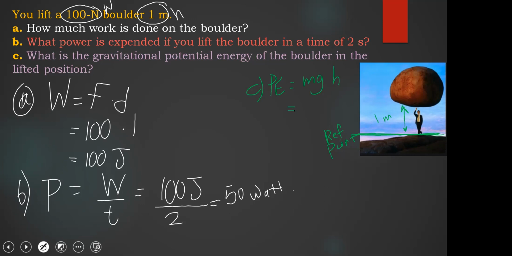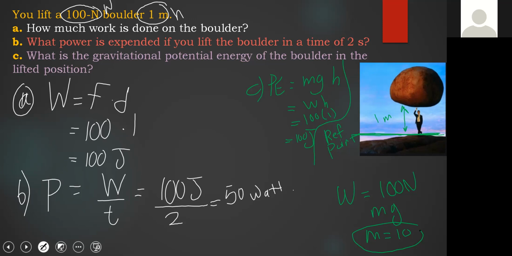As I told you, we can say it is the weight times the height. So it is 100 times 1, which is 100 joule. Or if you don't want to use W times h, you can say that the weight is 100 Newton and the weight is m times g, so m is 10. Then 10 times 10 times 1 is 100 joule. Is it clear?